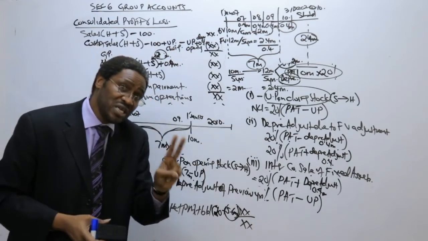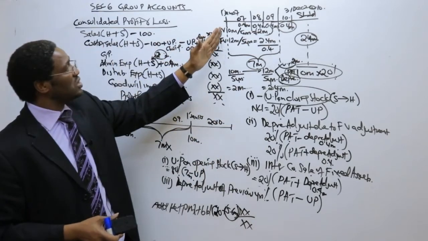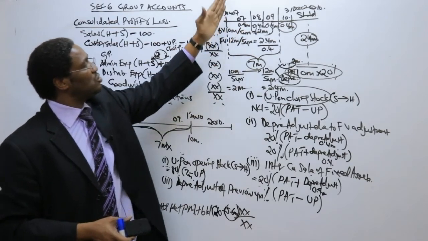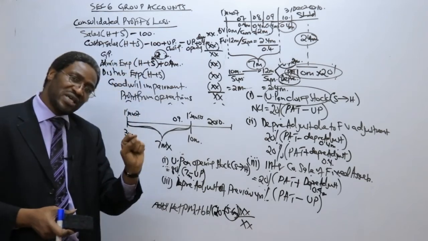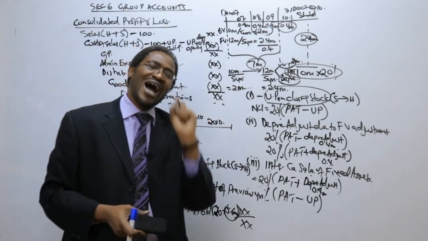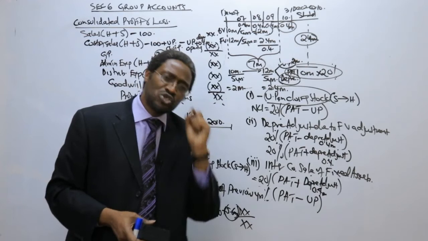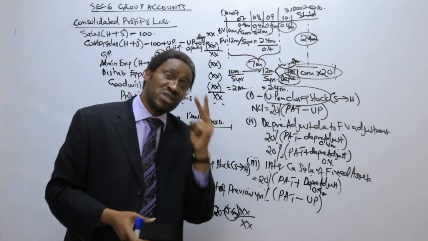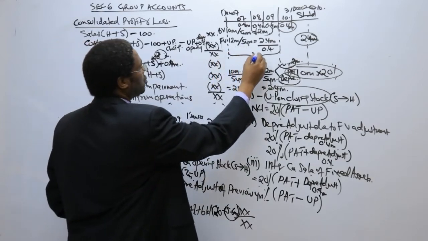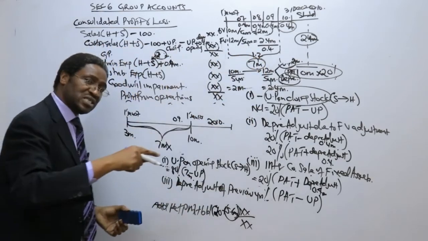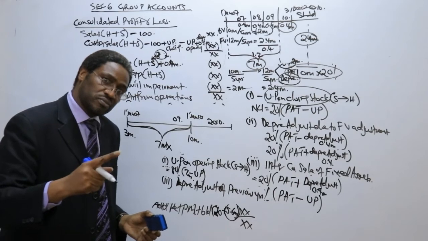For those how many years? 3. From 2007, 2008 to 2009, that's what affects our previous year. So we are saying there is a total undercharge for 3 years amounting to 1.2 million. I've said for the current year, I have already corrected.